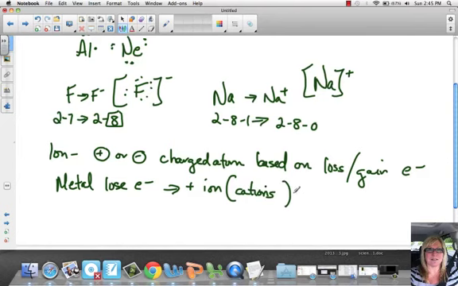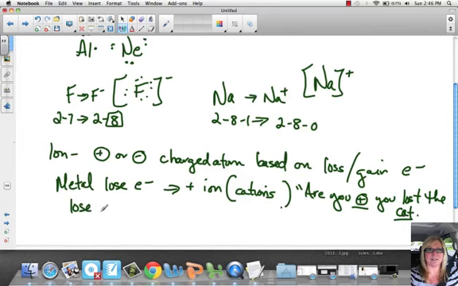I gave you the expression, are you positive you lost the cat? Because cat and positive remind you of cation. When you lose, just like losing weight, you become more positive and you get smaller.